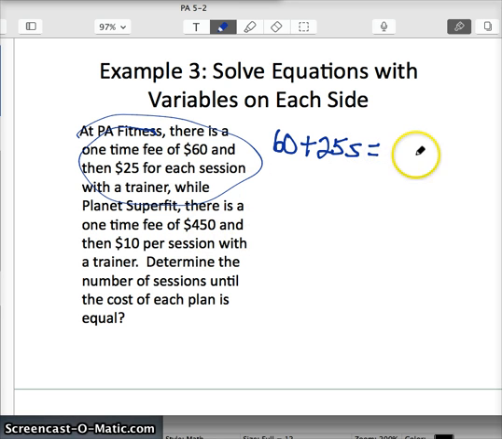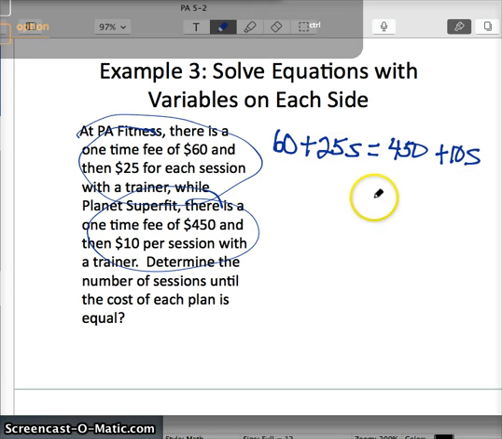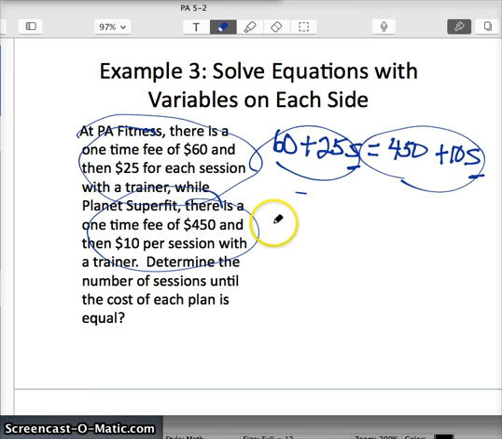The other offer is 450 plus 10 times S. What this question is asking is we want to know when this S value is the same, when both of these expressions are equivalent.